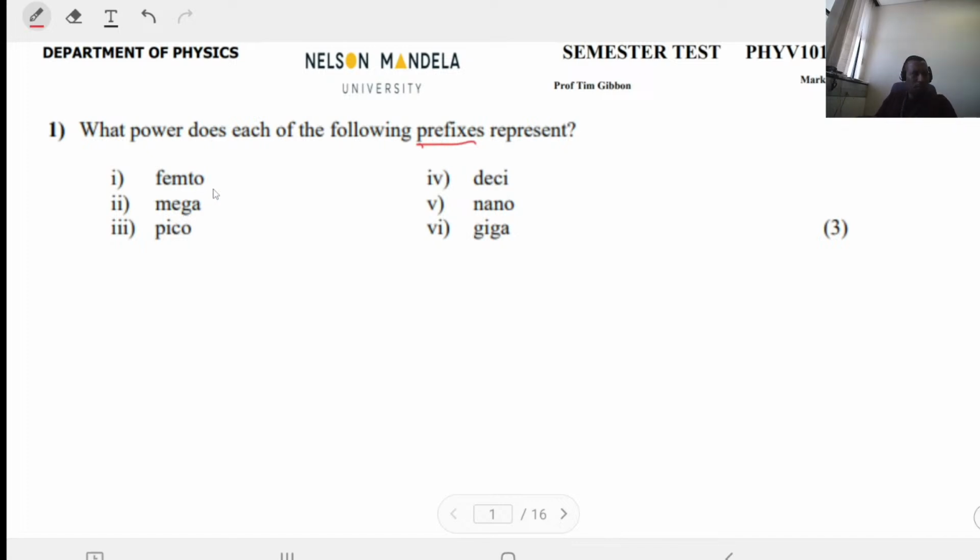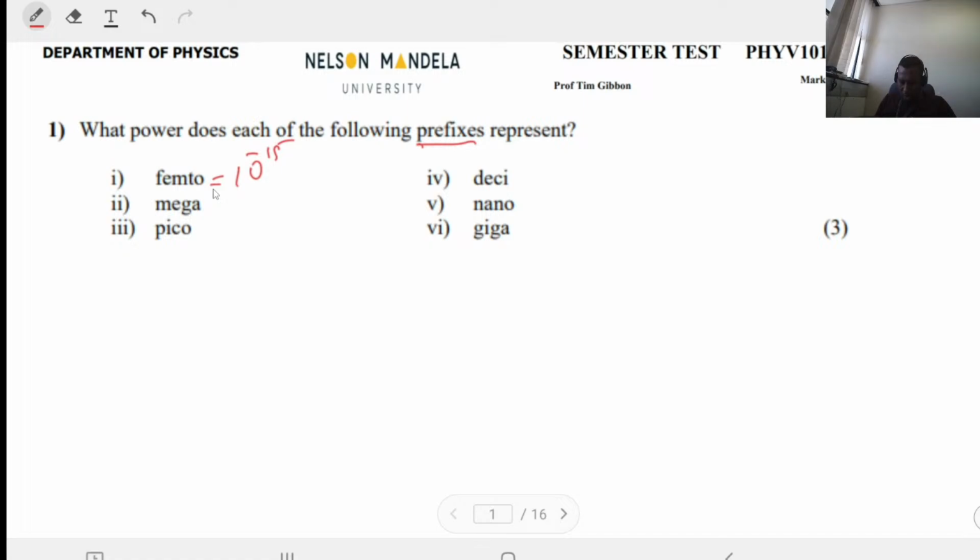Femto should be very easy for you. This is 10 raised to minus 15. You can't say just minus 15. You must put 10 raised to minus 15. Be careful: if you just write minus 15, it doesn't mean that you are correct. It must be an exponent, 10 raised to something, minus 15 in this case, femto.